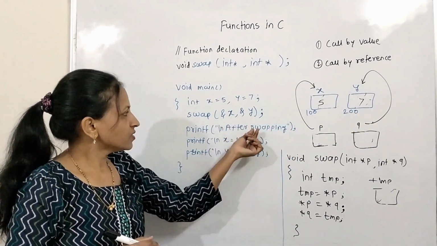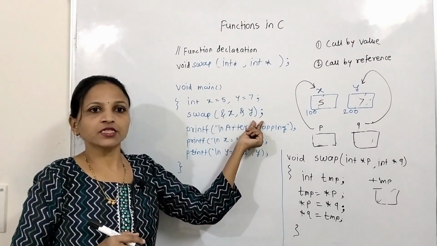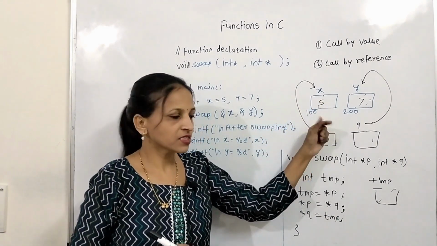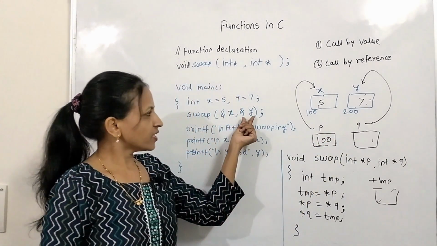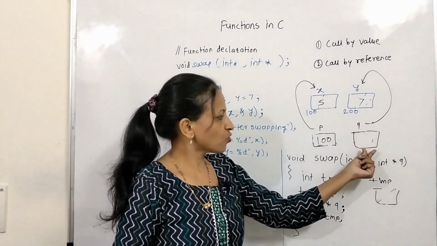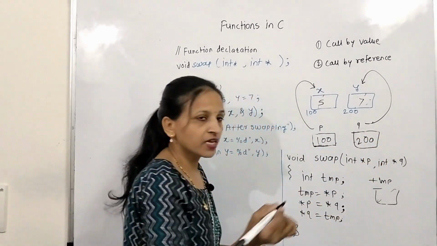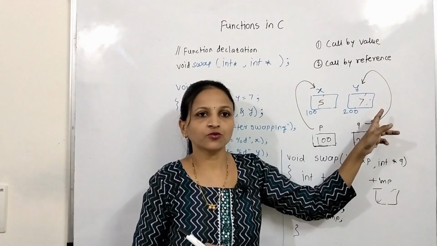Then here we are calling the function swap, and we are passing the addresses of X and Y. What is the address of X? 100 will get copied in P. P will become 100. Whatever the address of Y, that is 200, will get copied in Q. Means we can say that here P is pointing to X and Q is pointing to Y.